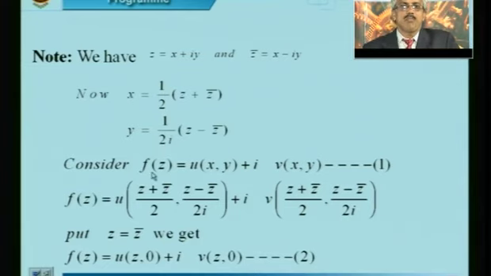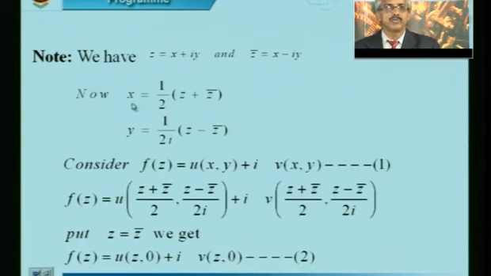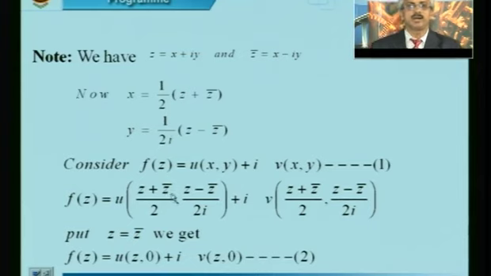Now consider a complex function f of z, that is u of x comma y as the real part plus i into v of x comma y. Now replace x and y with the values which we got from this complex variable and its complex conjugate: x is replaced by z plus z bar by 2, y by z minus z bar divided by 2i.